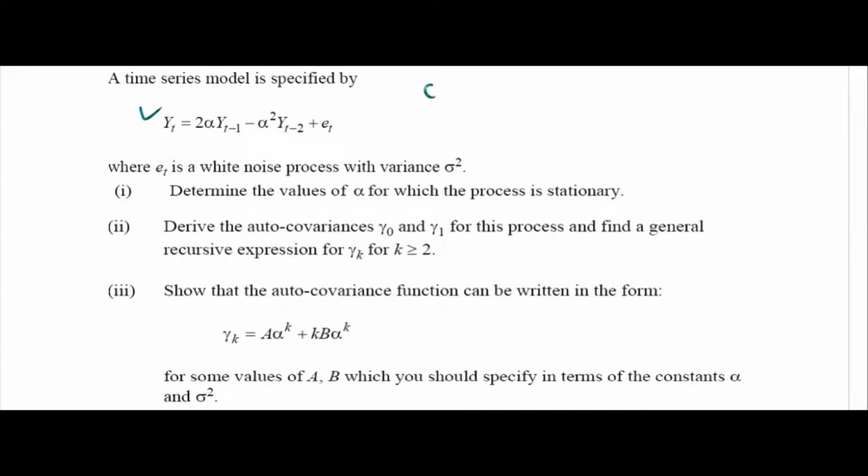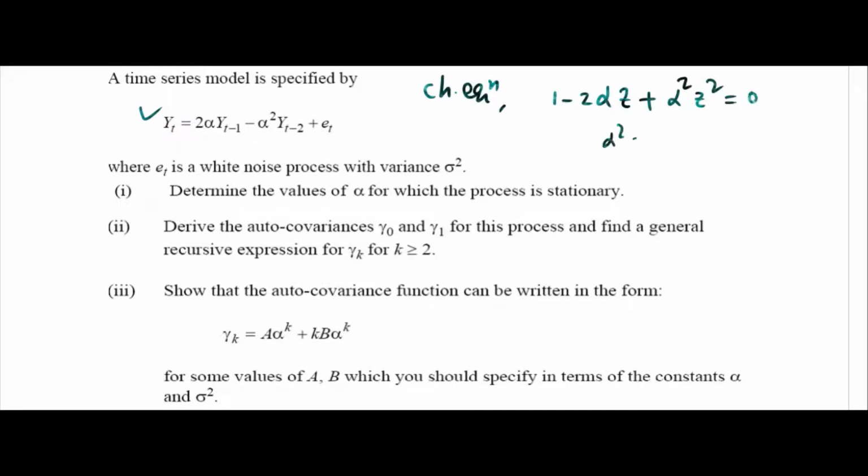So let me write the characteristic equation. 1 minus 2 alpha z plus alpha square z square is equal to 0.